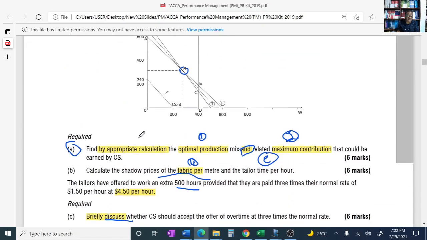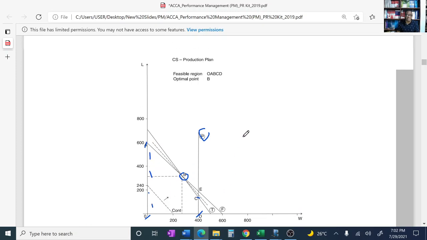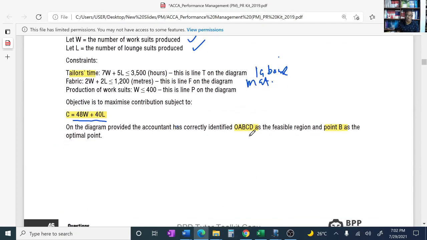So then I can say, yes, this is the O, that is the B, that is the C, and that is D. And so all regions inside this constitute the feasible region where the solution could be found. That is at one of the edges of it.